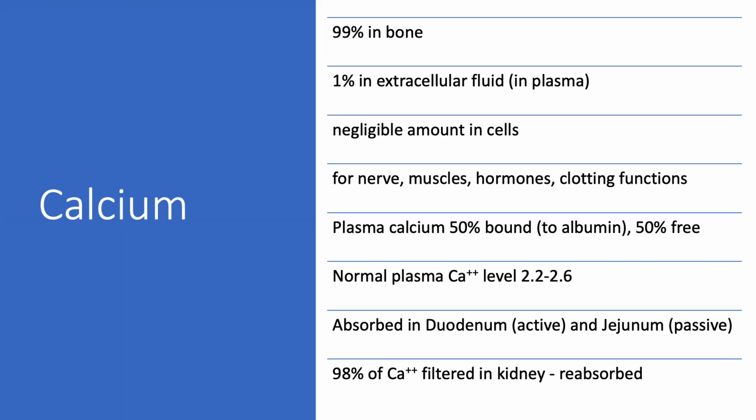Calcium is absorbed in the duodenum, where it is an active process which requires ATP, and it is also absorbed in the jejunum, where it is a passive process. Calcium is filtered by the glomerular membrane, but 98% of the filtered calcium will be reabsorbed.